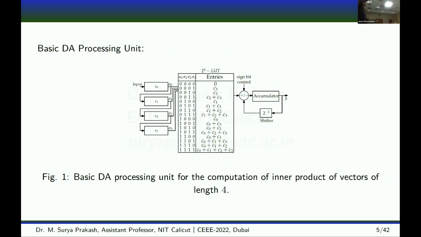And then in the next address location, the address bits are 0, 0, 0, 1, and in that particular case, only one particular c_i has been taken, and that's what is stored in that address location. Similarly, in the next address location, we see 0, 0, 1, 0, only C2. In the same manner, in the final location, we have all address bits taking ones. That's the reason we have all c_i's available in the last address location.